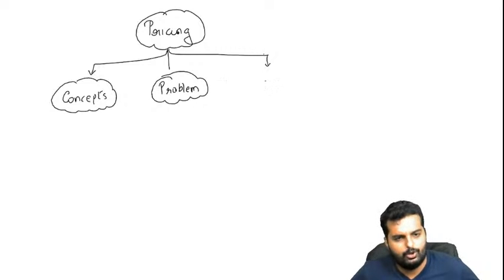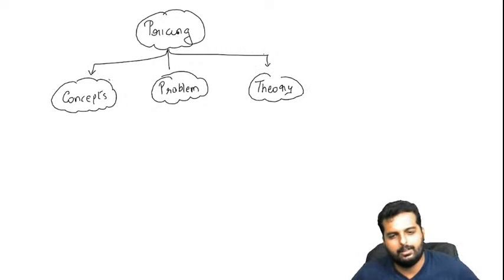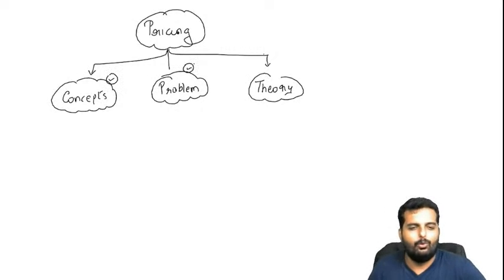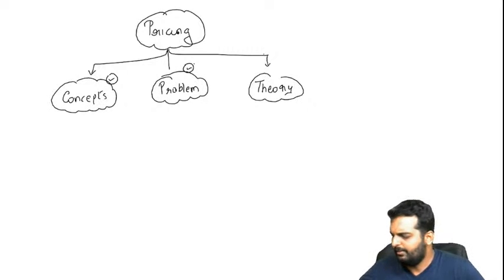Once we do these two, only then I will go and give you theory. Because by the time you actually complete the concepts and the problems, half the theory you learn there itself. So only the remaining half I will have to stress. And normally theory is a point where people find it a little bit boring. So we can keep that towards the end. Okay. Can you put this overview in your books, friends?